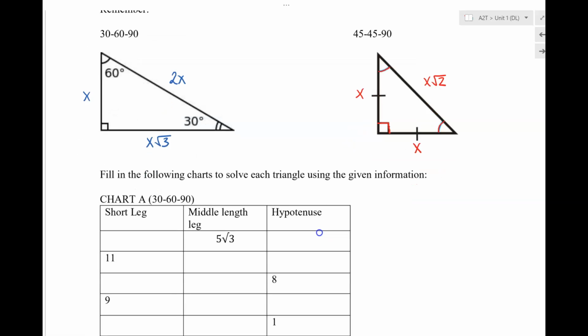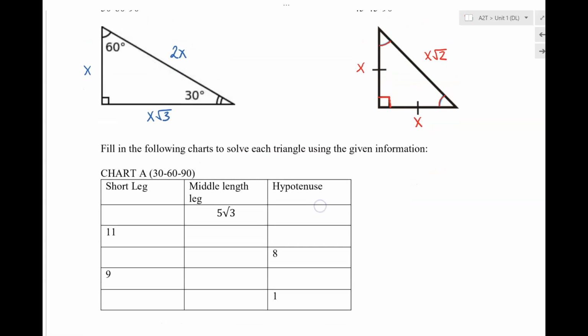So if we look at the chart and we're asked to work backwards, let's do this one, we'll call that example 1.